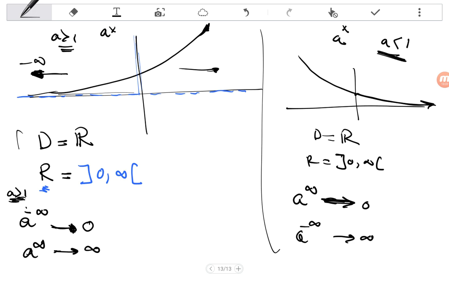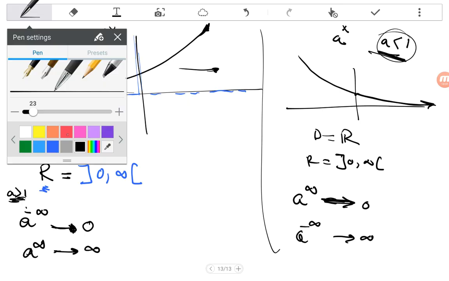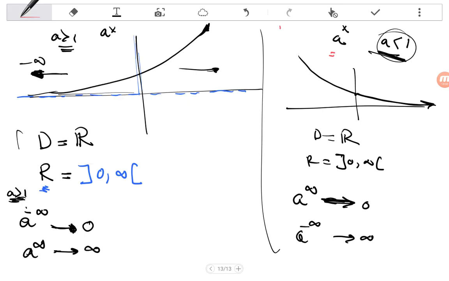Okay, so this is the case for a less than 1, which, as you have known, we may write with the reciprocal power negative x, which is b power negative x, like this.